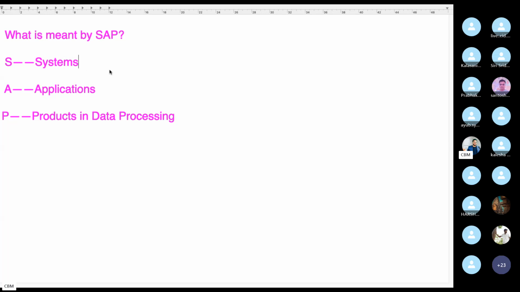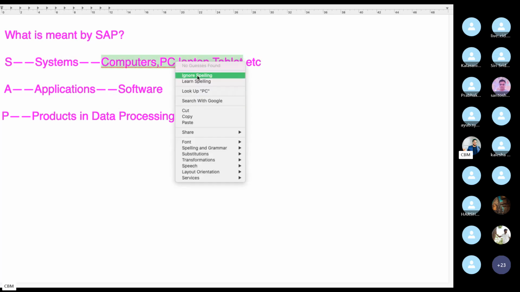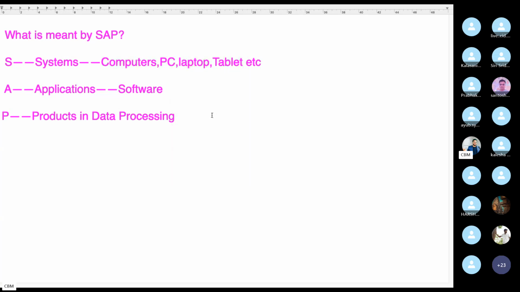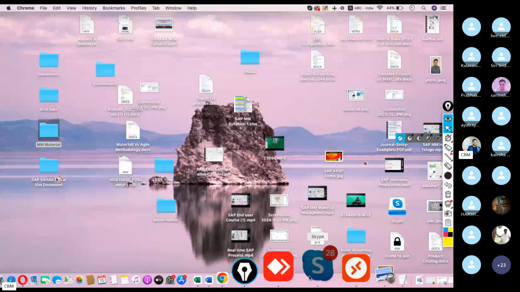What exactly is meant by systems? Systems are computers, PCs, laptops, tablets, etc. Application means software, and product means goods and services.